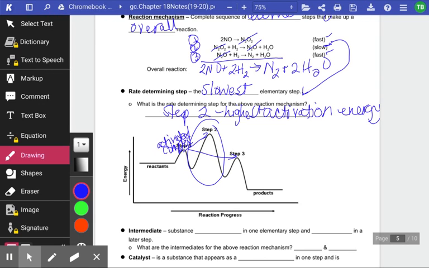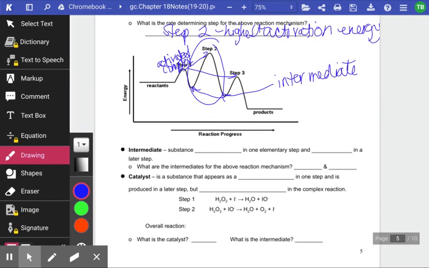Each valley in the graph represents something called an intermediate. Now, an intermediate in a reaction mechanism is a substance that is produced in one elementary step and consumed in a later step. So what that means is that intermediates start as products and they end as reactants in a reaction mechanism.